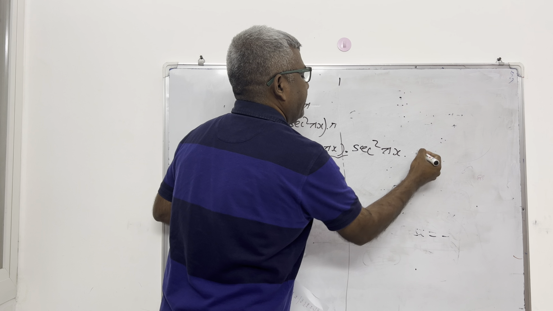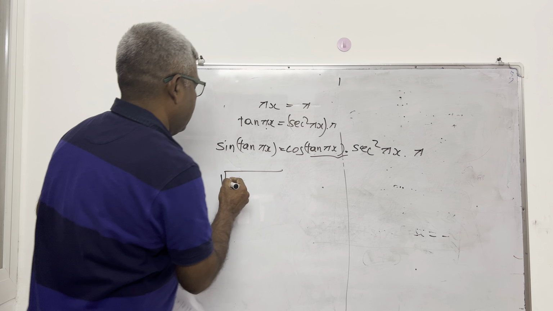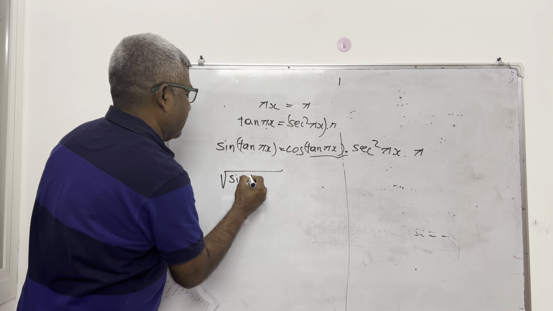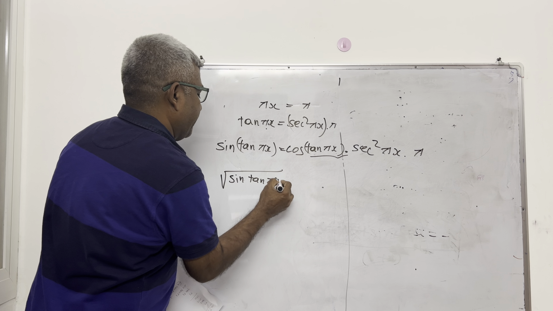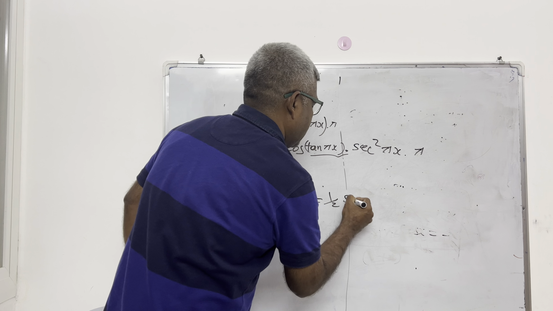So the fourth one is square root of sin tan pi x. This is nothing but sin tan pi x to the power of half. So what we will do, half x, instead of x, sin tan pi x.